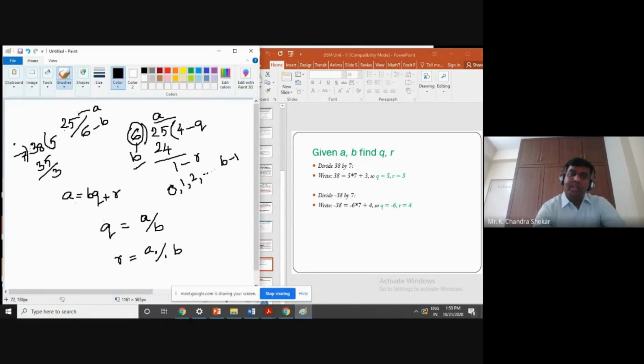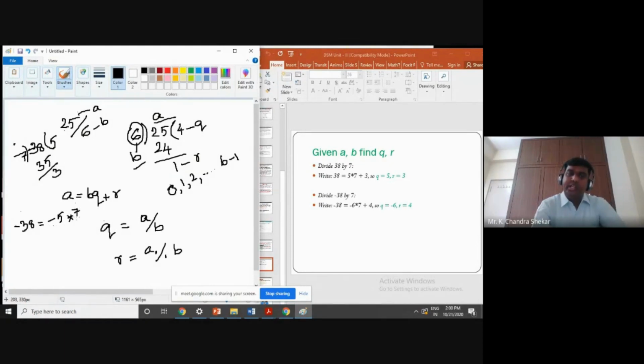Now the same thing, if I say minus 38, what will happen? If I take minus 35, then minus 38 is equal to, can I write it as minus 5 into 7?